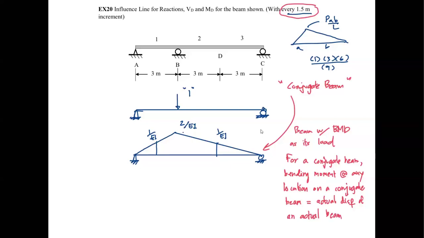Meaning, if you want to know the displacement at location number 1, you're just going to have to calculate the bending moment at location 1 of your conjugate beam. Okay.